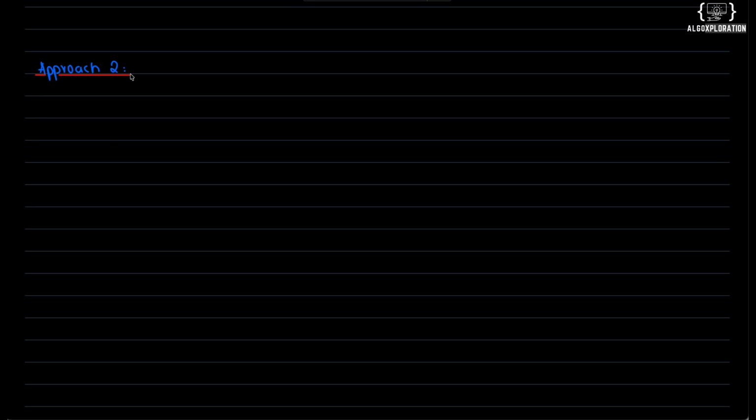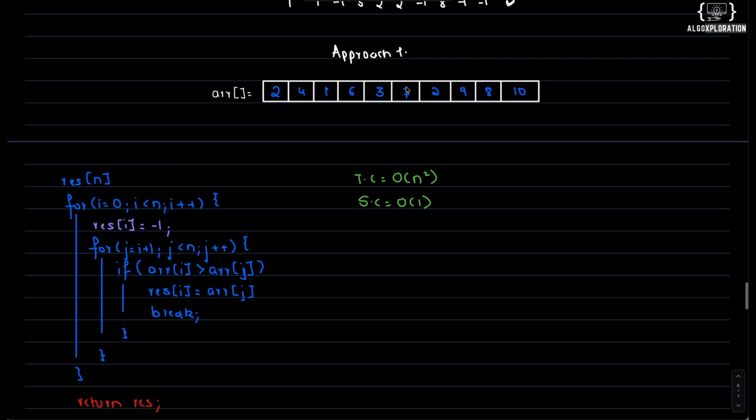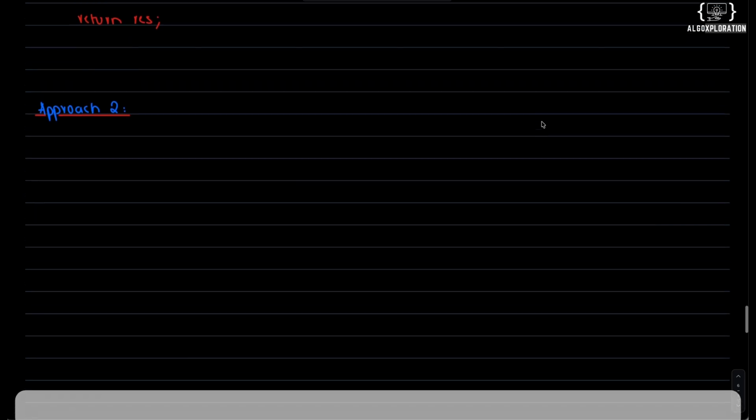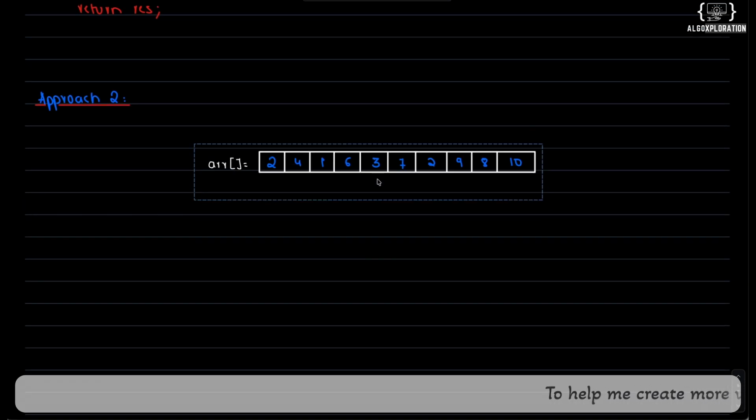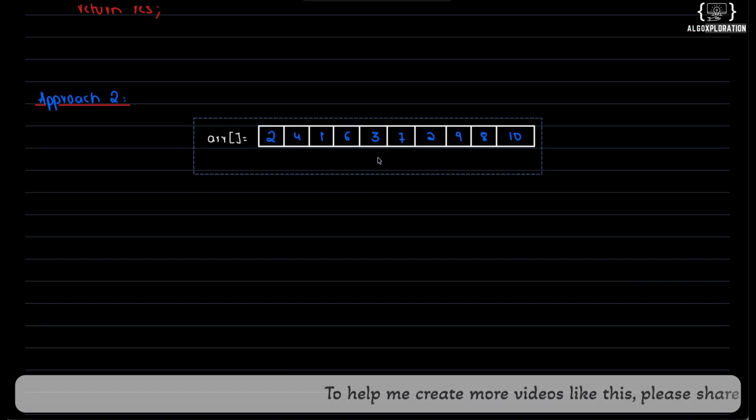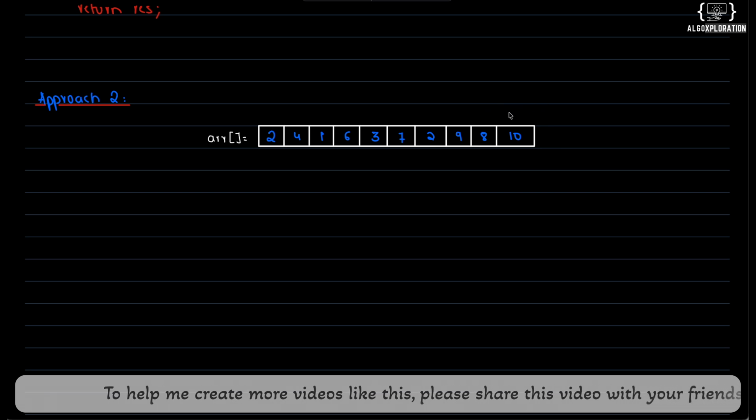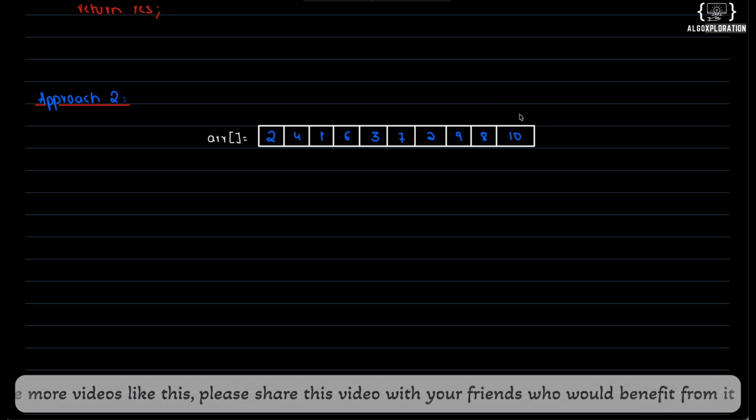So basically we will be solving this using a stack. For those who have not seen the previous lecture, I will be explaining. Let me take this example. So basically we will be traversing from right to left.